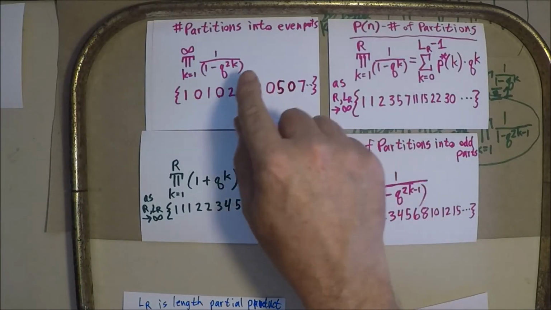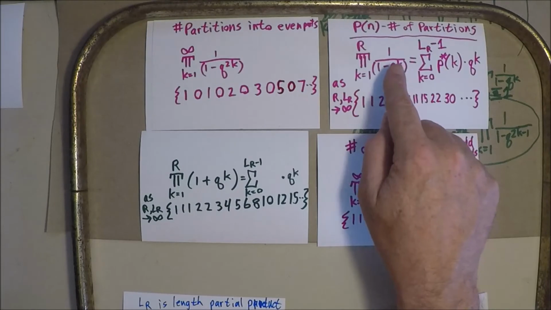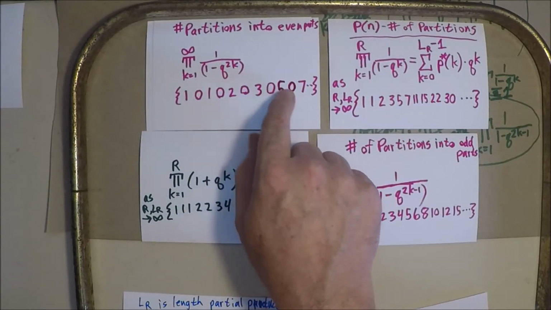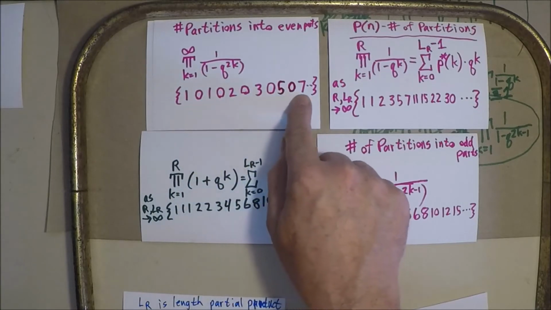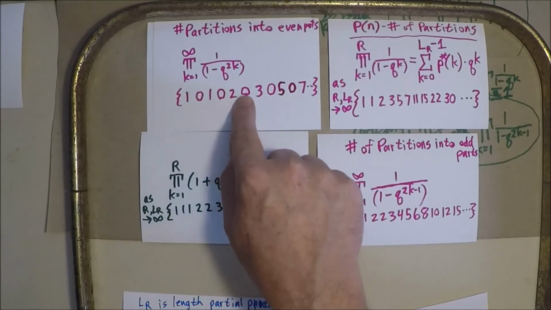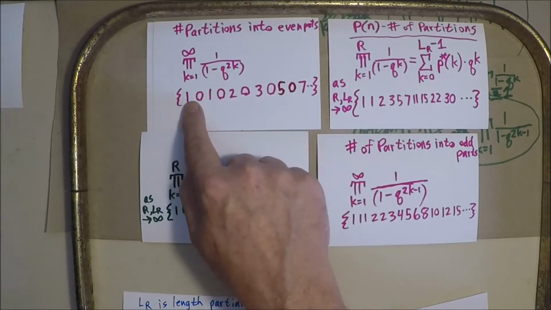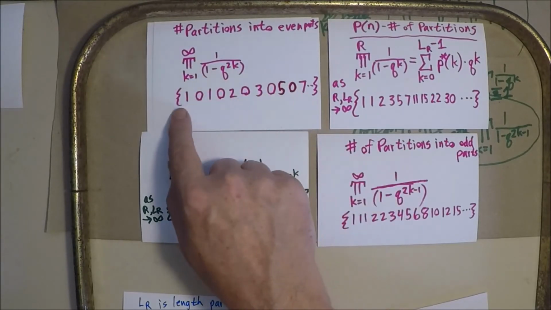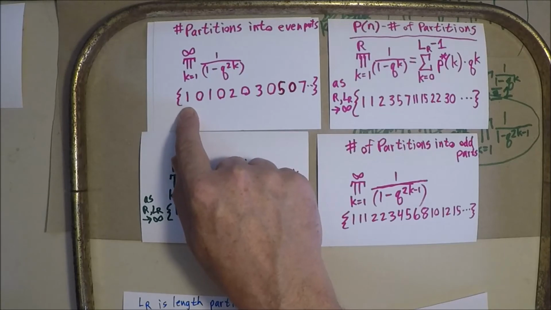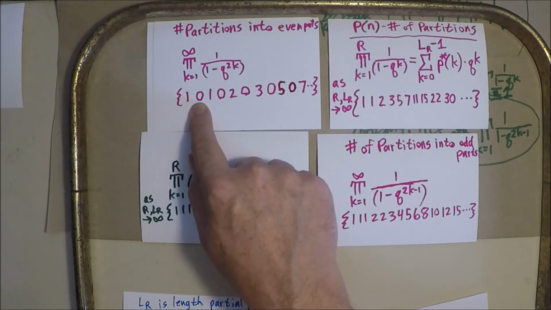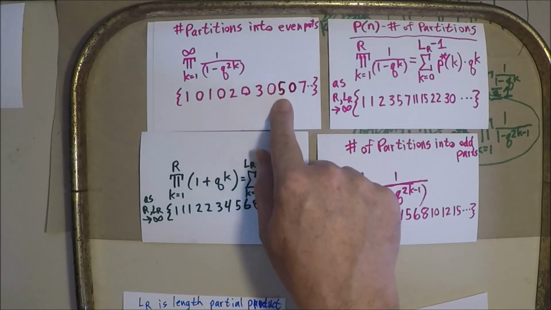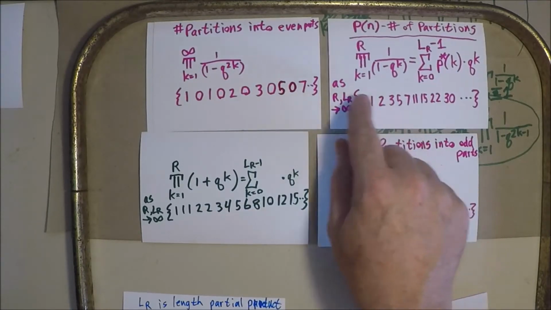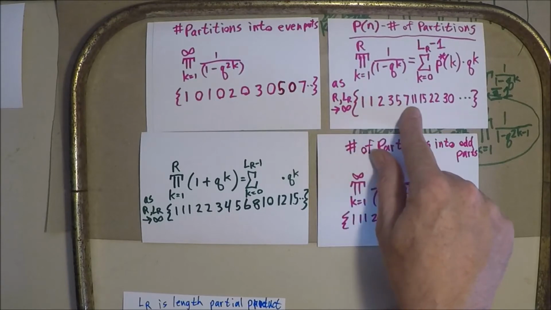For the even case, 1 minus q to the 2k, we get this sequence, which is intermittent with these zeros, but otherwise non-decreasing. And in fact, you may have noticed that the numbers that come in between are actually the partition numbers themselves. It's not a casual coincidence there.